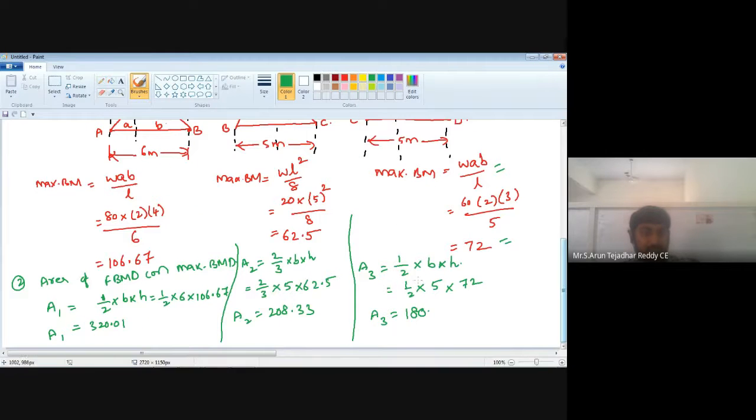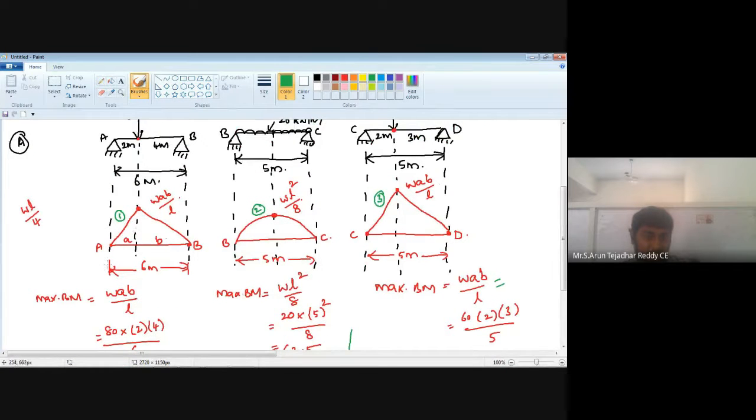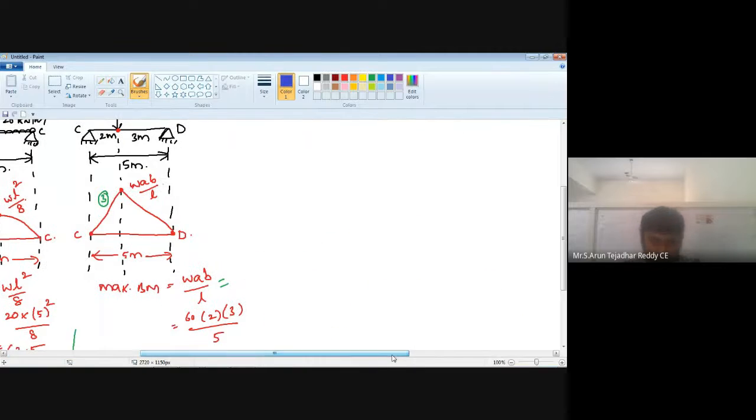Observe, the first diagram is an unsymmetrical structure. What about the centroid here? First one is the AB centroid. It means XL and XR. Just now we have seen the centroids of the left side as well as the right side. What about the formula here?